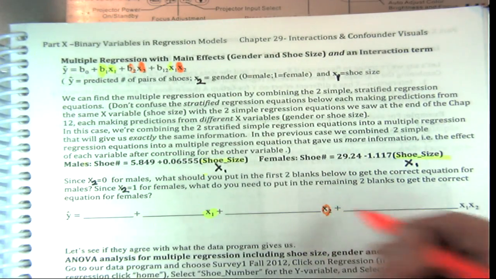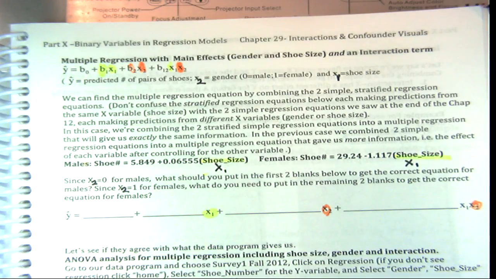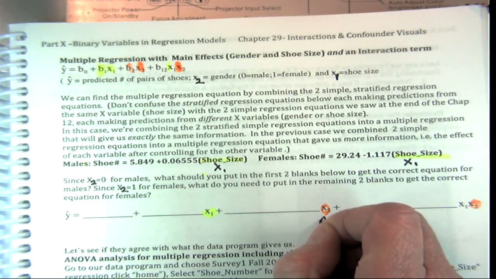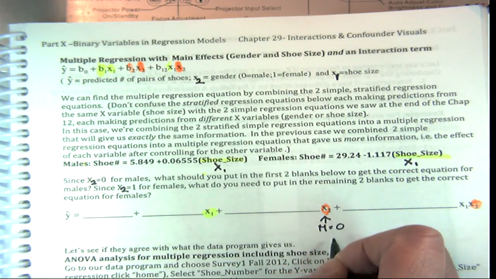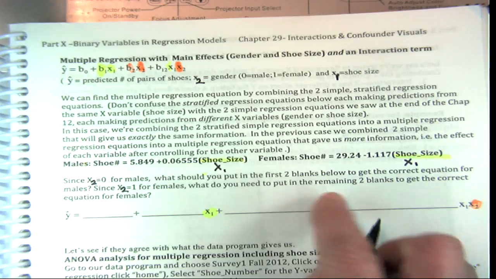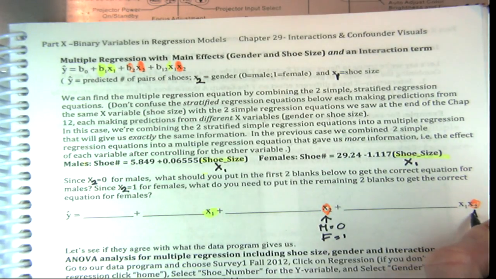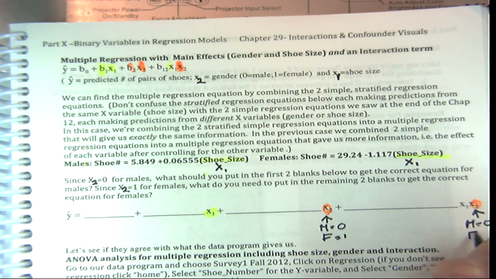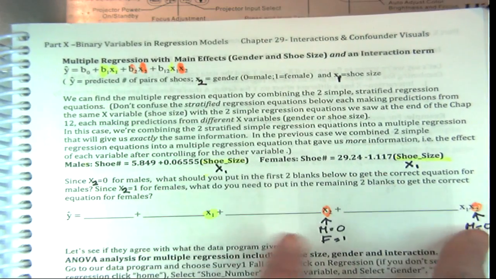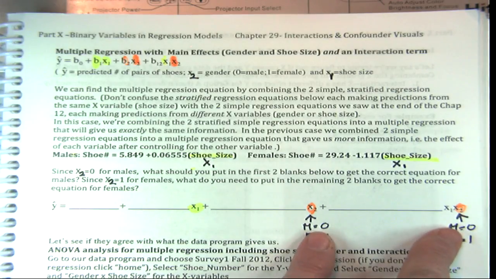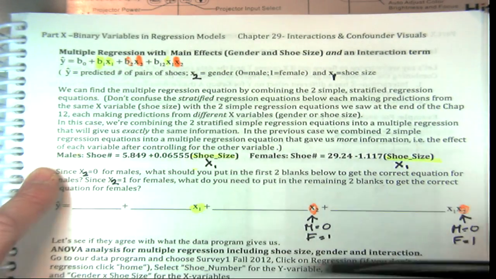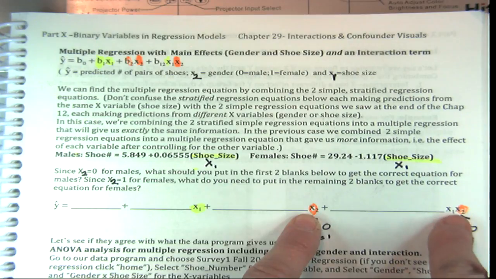So this is x2 and this is x2. And remember, right here, for males, it's going to be equal to 0. And for females, that x2 is going to be 1. Okay, we don't have it here. We have it here. So the first thing that we should do is what? Don't you think the first thing we should do is do males? Because when you have males, this is a male equation, these disappear. 0 times anything is 0.